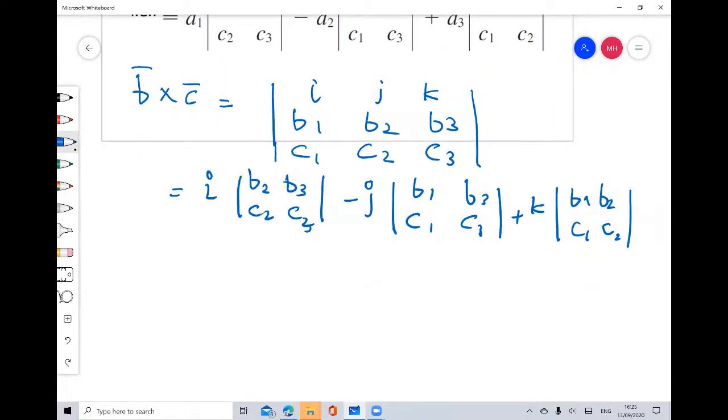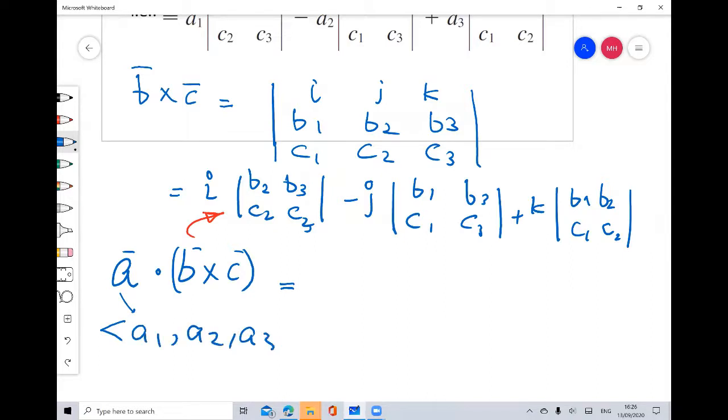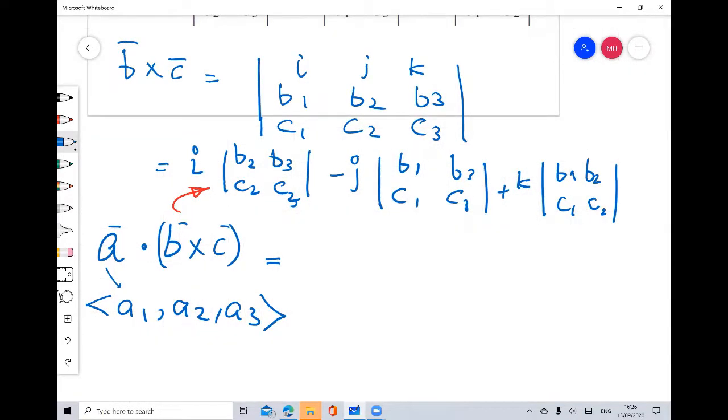Now I want to add another operation to this, which is A dot B cross C. I already have the B cross C, and I want to dot product all of this with A. I know that A has components A1, A2, A3. To dot product, all you have to do is multiply corresponding components.